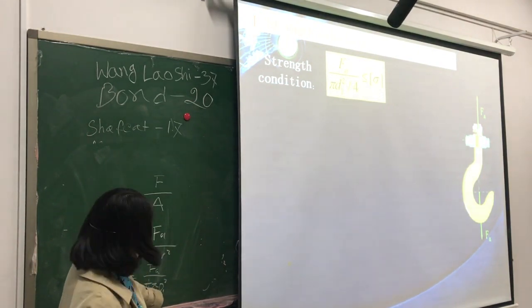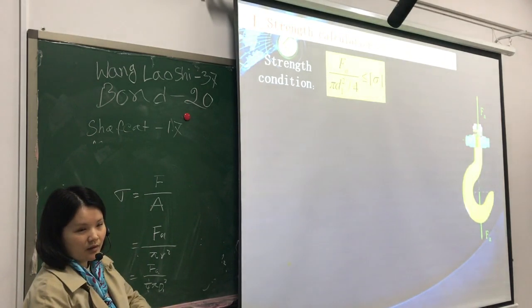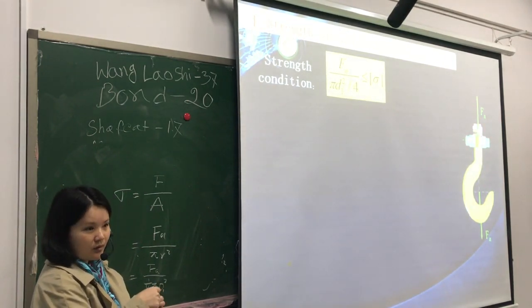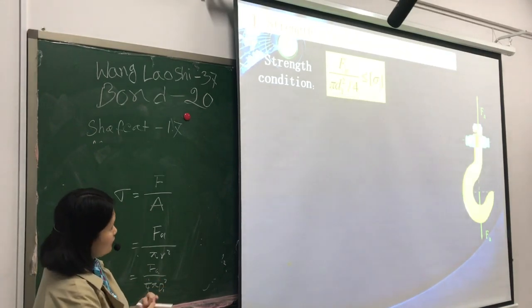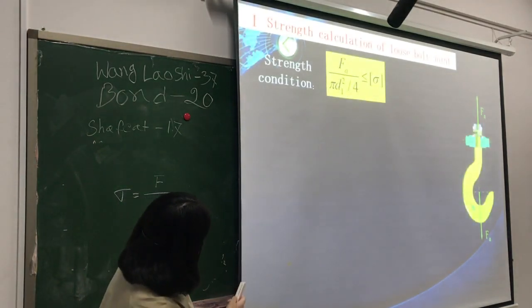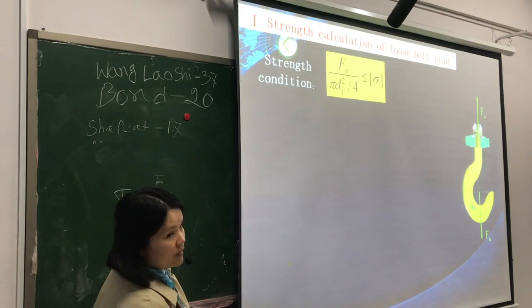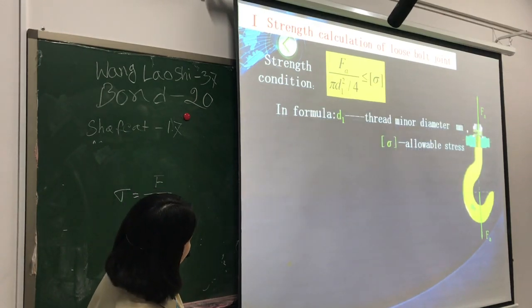The smallest diameter. So the stress condition can be expressed as Fa over π times d1 squared over 4 is less than the allowable stress. d1 is the minor diameter.